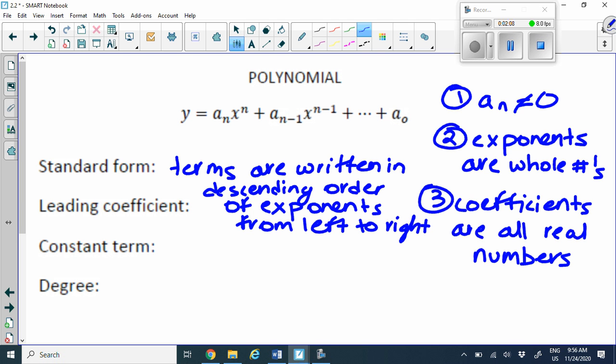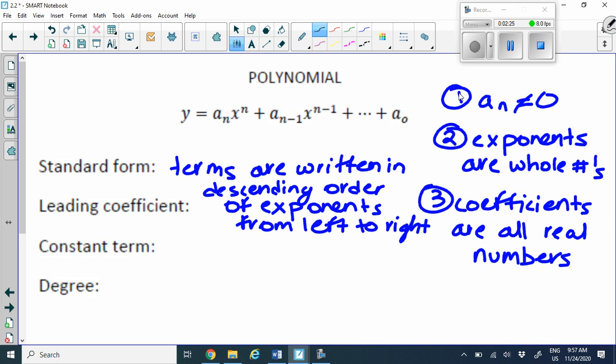So that just means we start from the largest exponent and then we decrease from there. So if we have x to the 4th, then we go to x to the 4th, x to the 3rd, x to the 2nd, x, and then our constant. Okay?